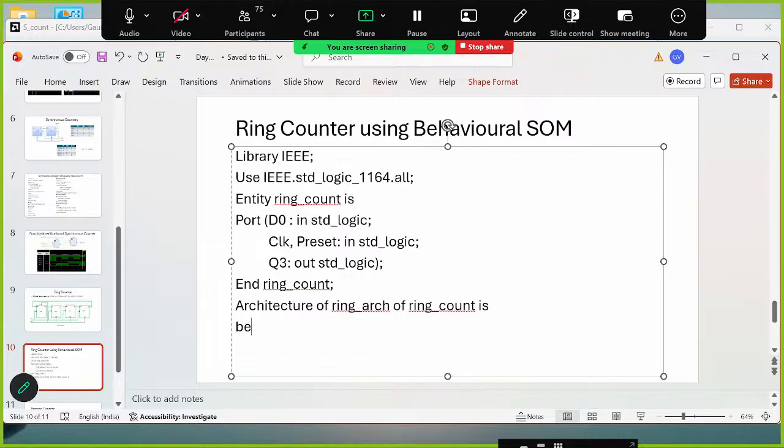Begin. I should write begin. Then process. In the process, what do I need to put? I need to put D0, then clock, then preset.